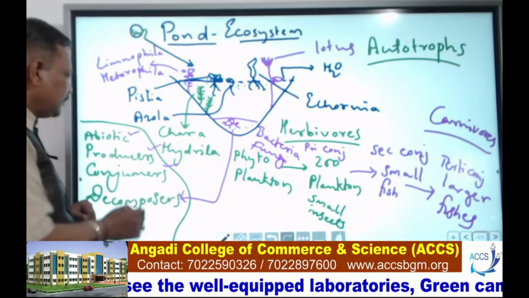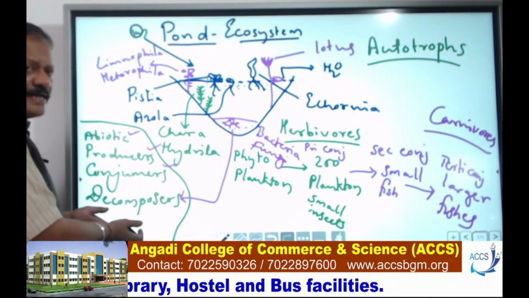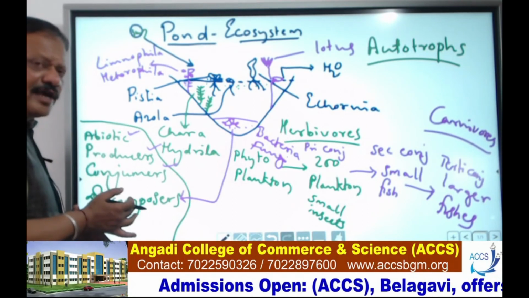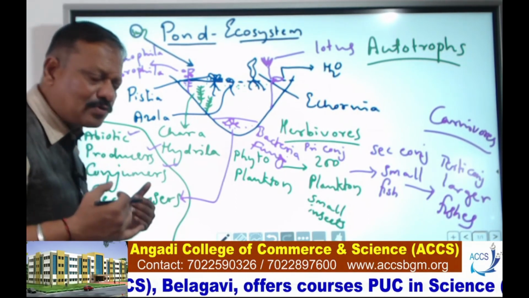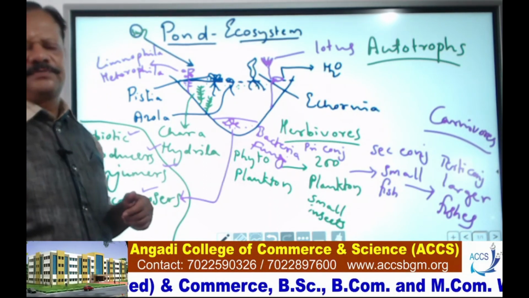After their death, all the producers and consumers are dying, their body is settling down. At that time the bacteria and fungi are acting on the body and the body is again added to the soil. So those you are calling decomposers.